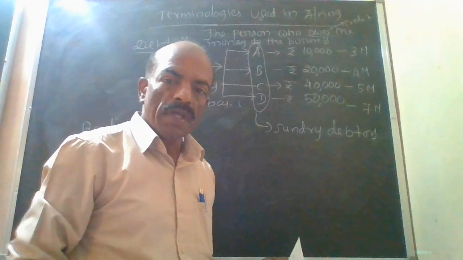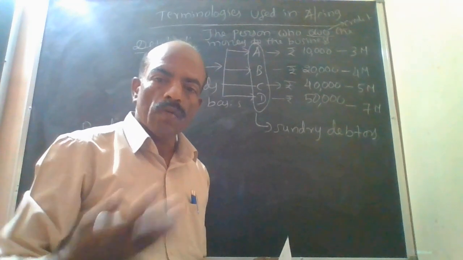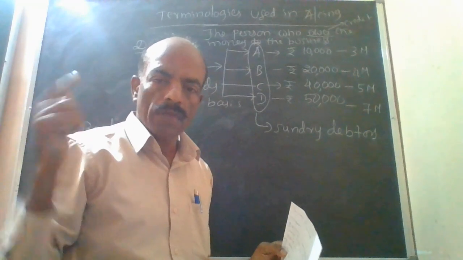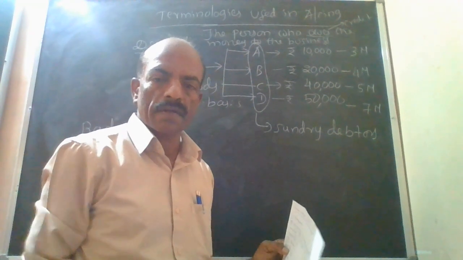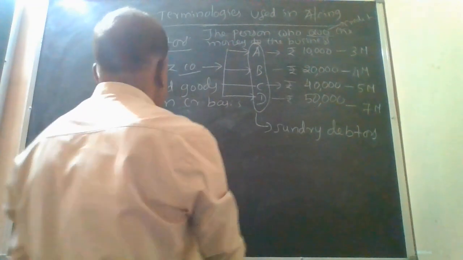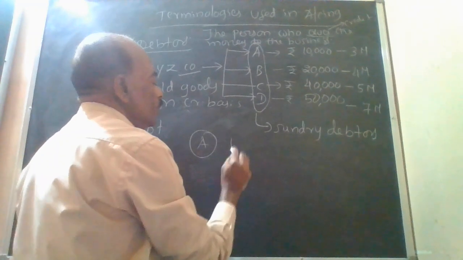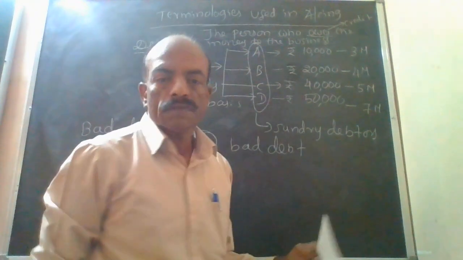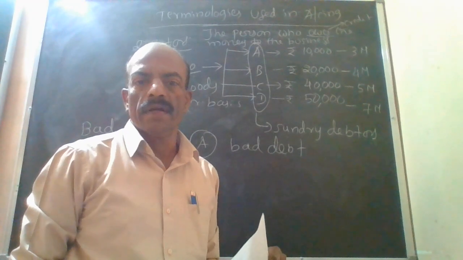After completion of 3 months, or 1 year or 2 years, he is not paying the amount. He went abroad, to a foreign country, and settled there. Therefore, Mr. A is called bad debt, a debt which cannot be recovered.